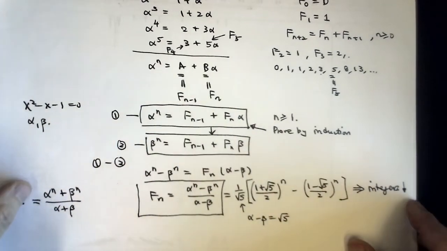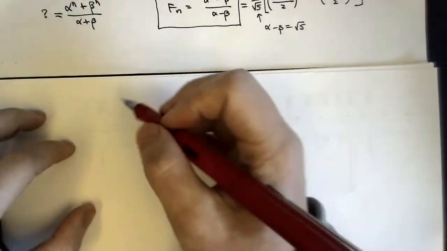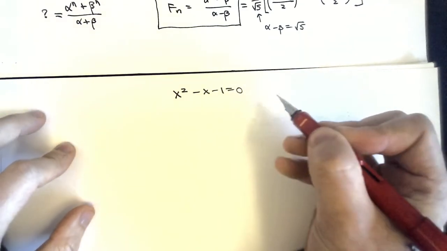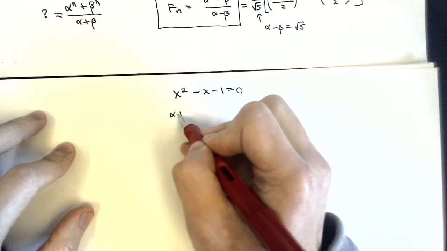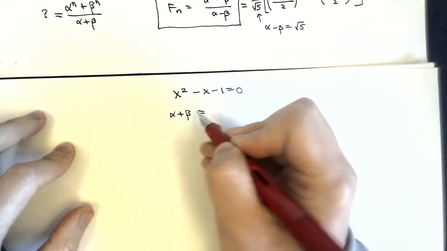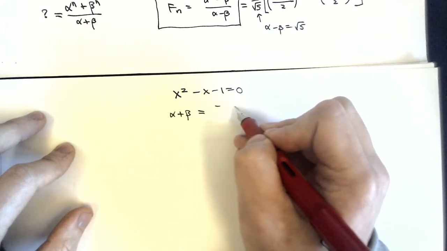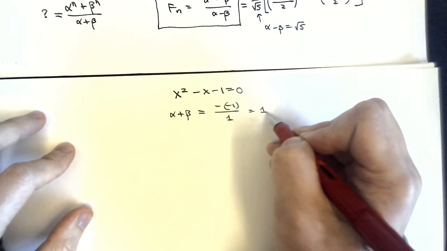Now, from the very beginning, our equation x squared minus x minus 1 is equal to 0, and we also know that alpha plus beta will be minus b over a, which will be 1.